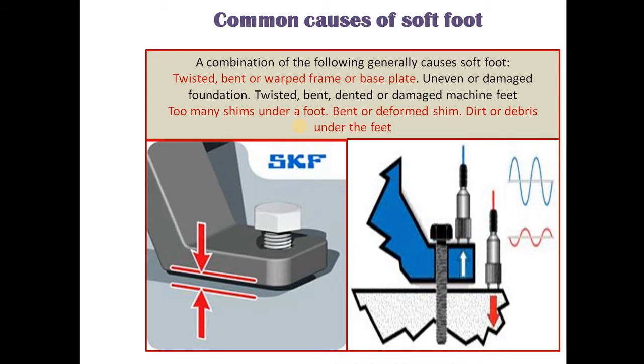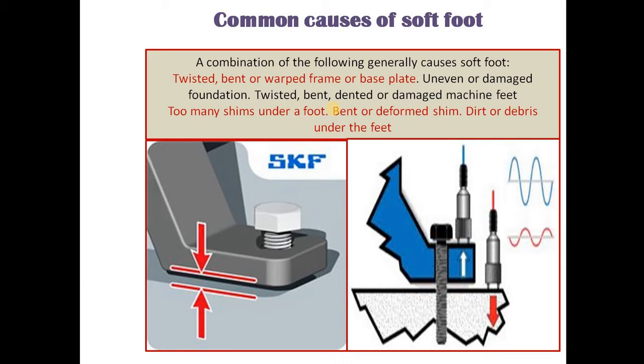If the dial gauge reading does not change and remains within 0.05 millimeter, that means the soft footing of that particular foot is correct. Then move to the next foot. There also we have to repeat the same activity: loosen the foundation bolt, tighten it and see the dial gauge reading. If the reading does not change or remains within 0.05 millimeter, your soft foot reading for that particular foot is okay. Like this, we have to repeat the same activity for all the feet of the driver and driven machine.